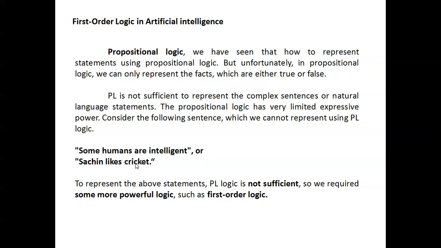Propositional logic represents facts which are either true or false, and it is not sufficient to represent complex sentences or natural language statements. It is a basic logic, a starting one, so it has very limited expressive power.